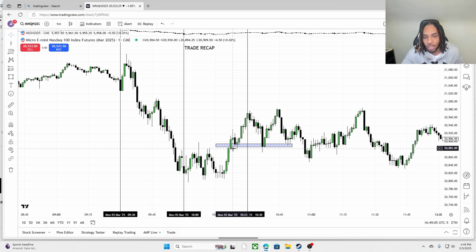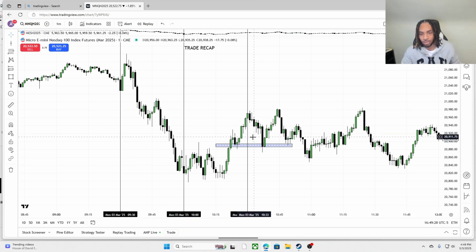If we did run down to here, it could have took too long to get back up to this buy side. But since we are in a hurry, price doesn't need to trade down here because we already have a PDA right here. So price doesn't have to trade down here. Mixed with the fact that it only had 5 more minutes to reach to this buy side until the next macro starts. You know what I'm saying? So that's the reason why I took this fair value gap instead of this fair value gap down here.